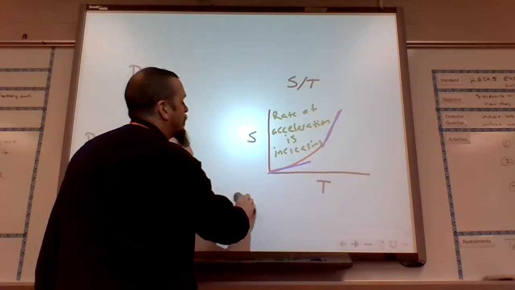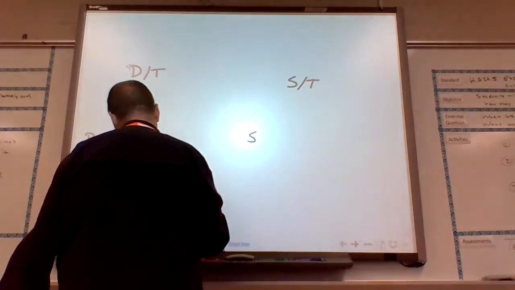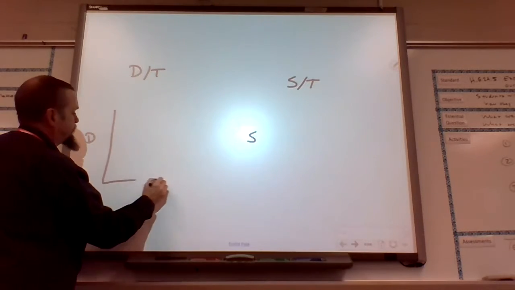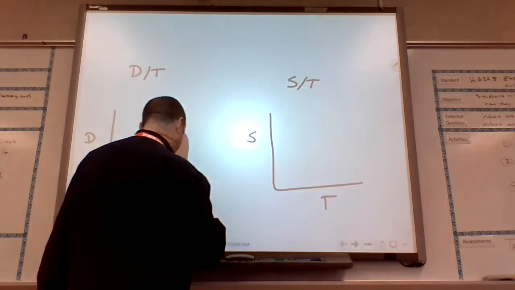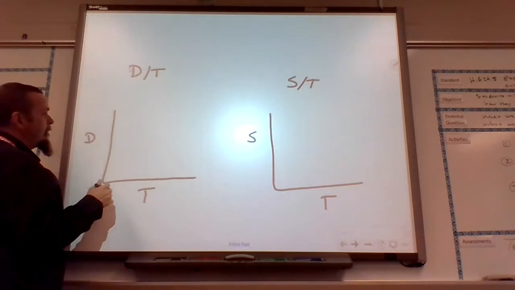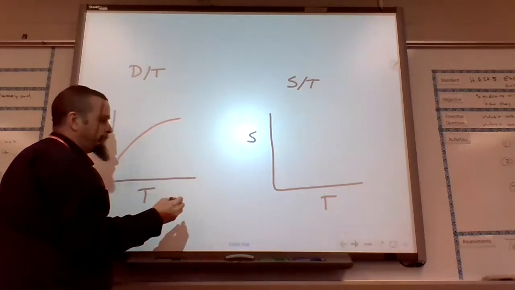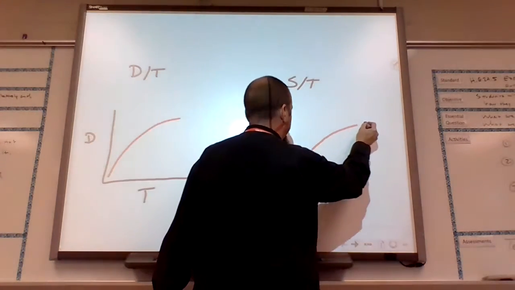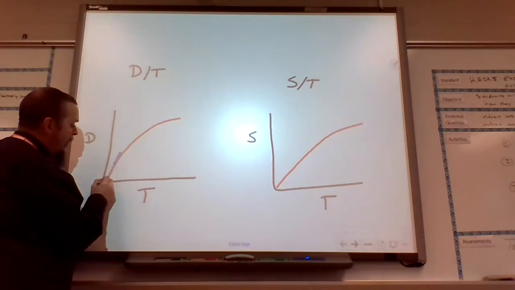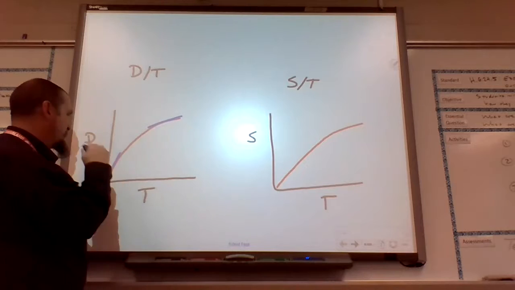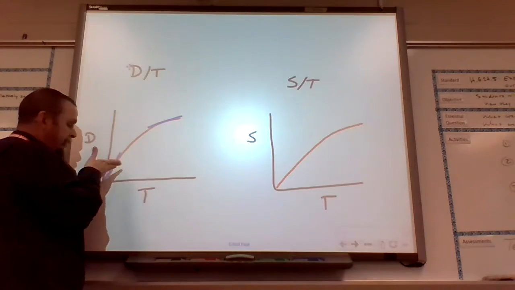The opposite kind of curve obviously gives us the opposite kind of information. So on this graph, I'm starting off at a higher slope, but I'm ending at a lower slope. And again, on the distance time graph, slope is speed.